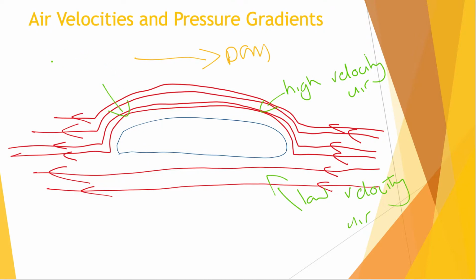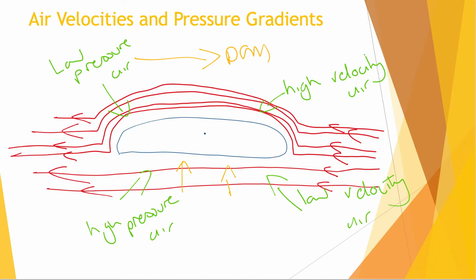That's resulting in low pressure air and high pressure air on opposite sides, on opposing sides of the projectile, and that's causing a pressure gradient, which is pushing in this direction in this case, and therefore in this case is going to create lift force.